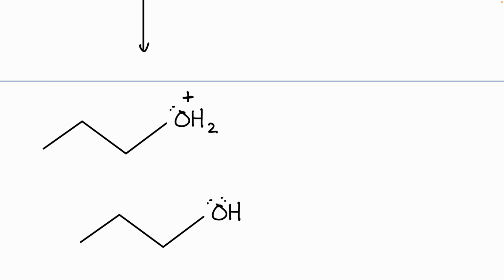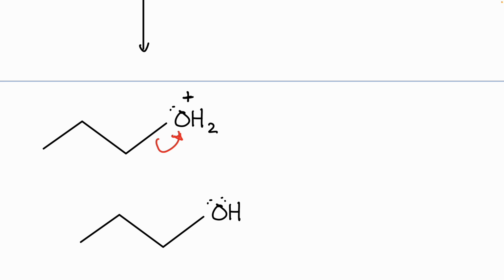This carbon right here is a primary carbon. So do we think that leaving group's just going to fall off as it is? All right, are we going to get a primary carbocation? No, we don't like primary carbocations. So we can't just have that leaving group leave in one step.